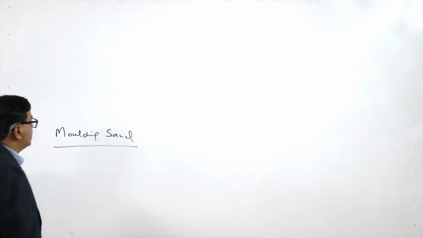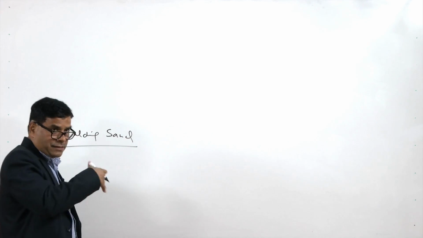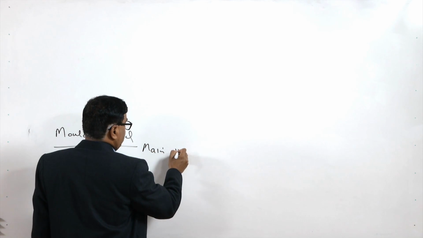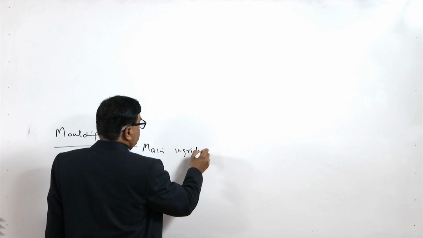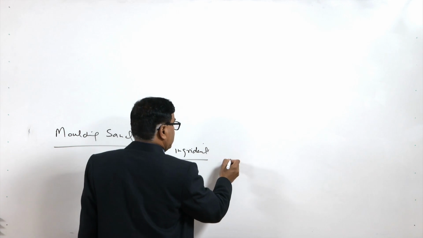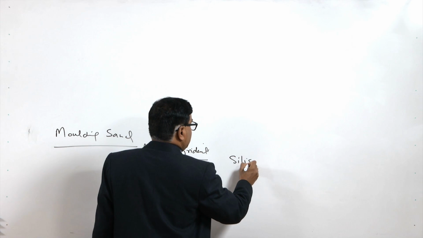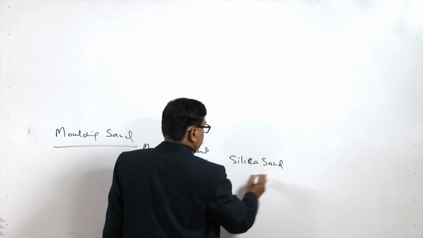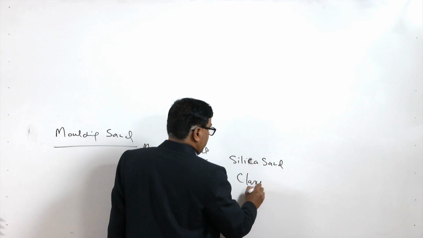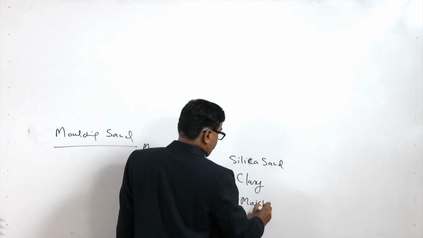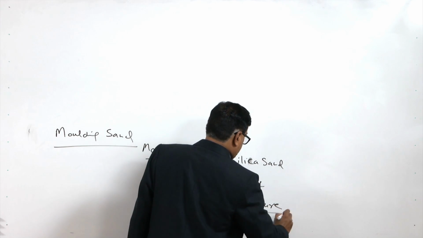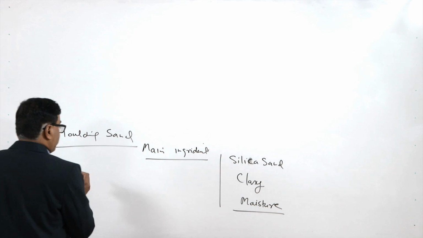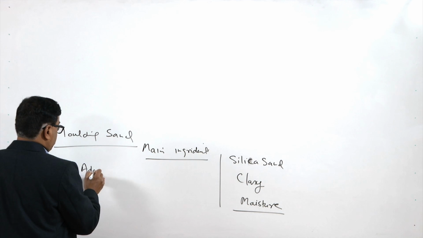Basically there are 3 important ingredients besides some additives. The main ingredients are silica sand, then clay and moisture. These are the main ingredients for the molding sand, and apart from that there are some additives.